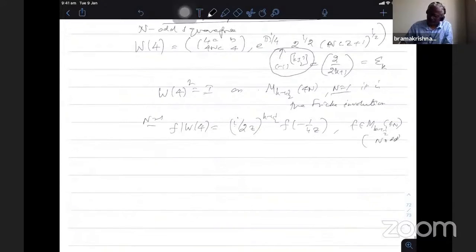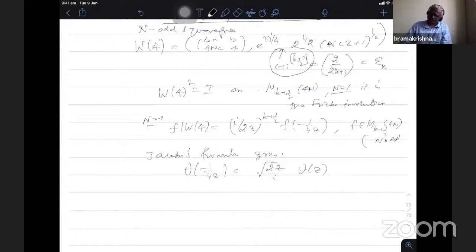So when n equal to 1, the main example of modular form is the theta series, theta to the power 2k plus 1. The theta is weight half. So Jacobi's formula gives you theta(-1/4z) is square root of 2z by i theta of z.